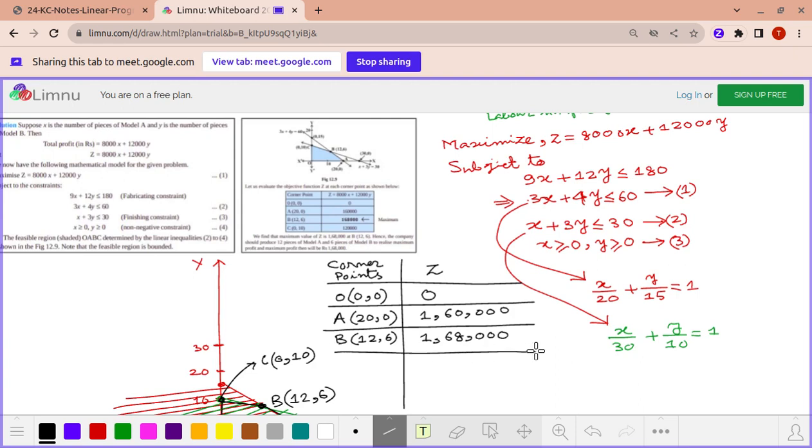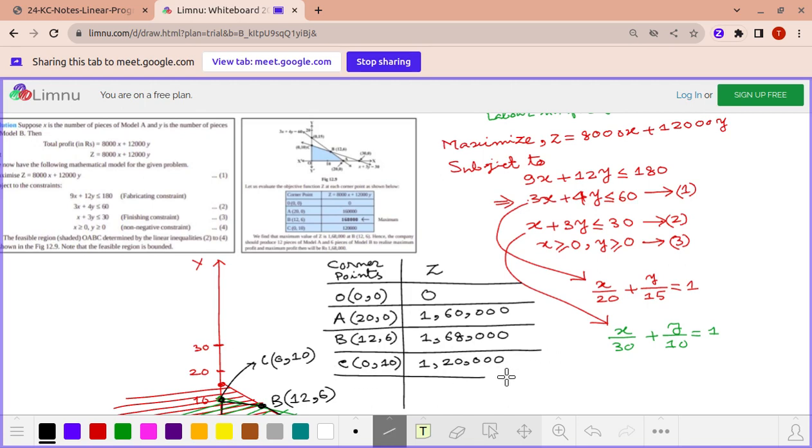Done. And finally point C has coordinates 0 comma 10, and at that point the value of the objective function is 8000 into 0 plus 12,000 into 10, that becomes 1,20,000.